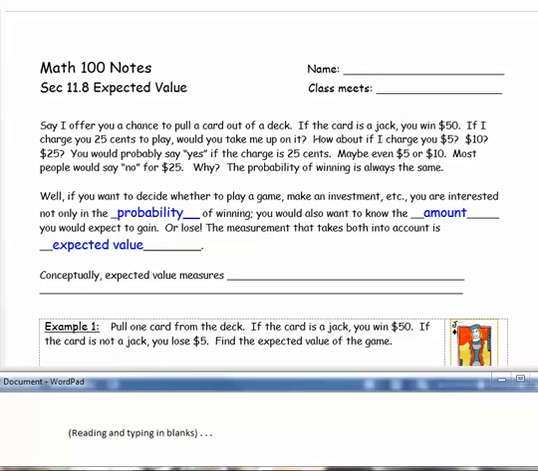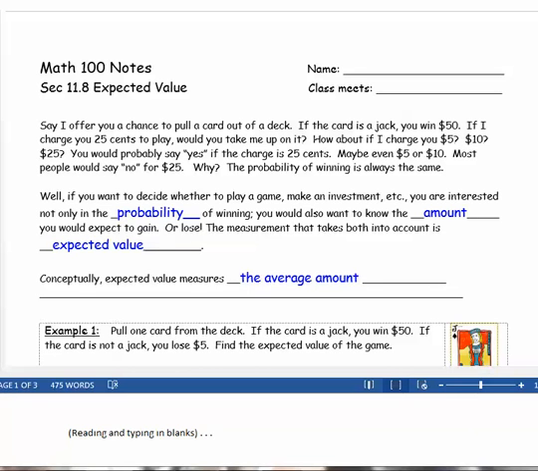Conceptually, expected value measures the average amount of gain or loss over the long run.